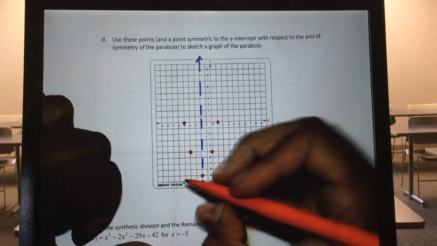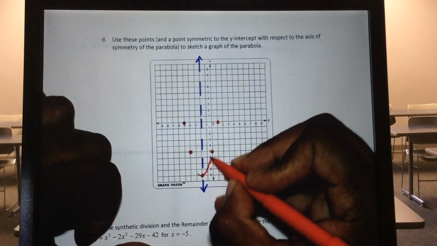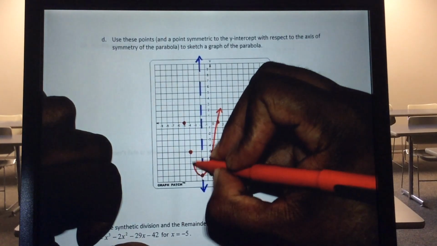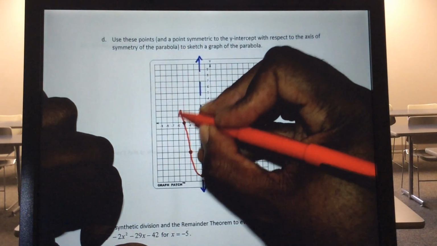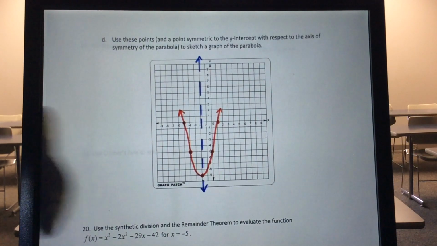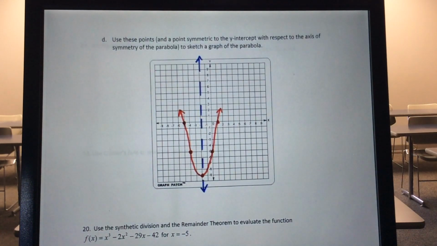And now connect those dots. And this will be the graph of that parabola, f of x equal to x squared plus 4x minus 5. Okay. So that is all of problem number 19 here.